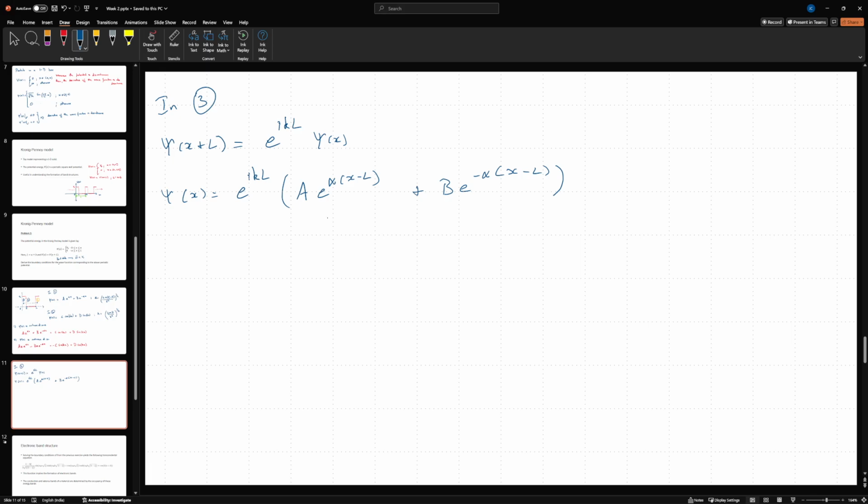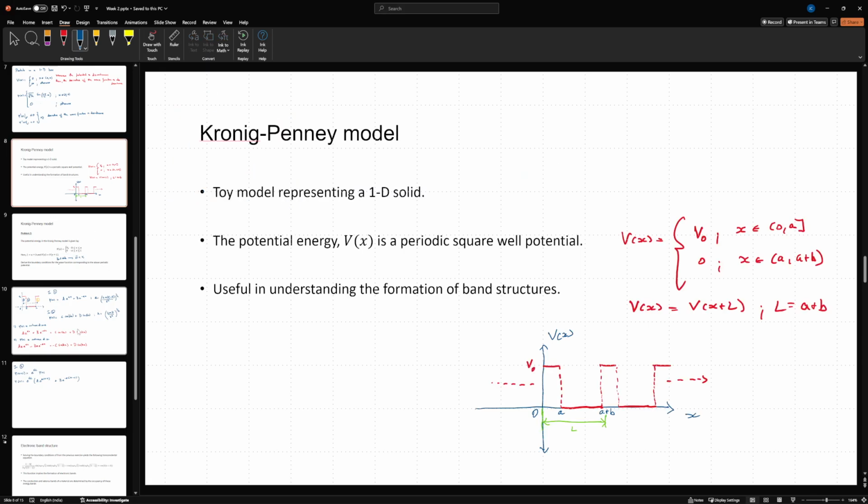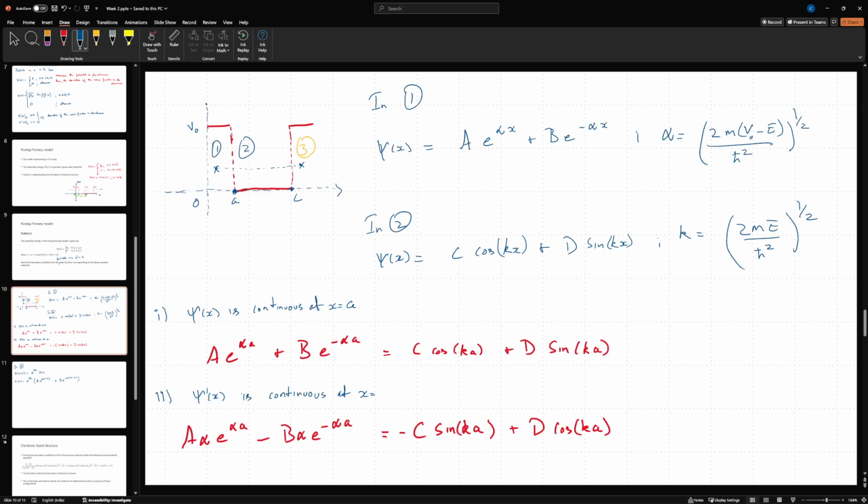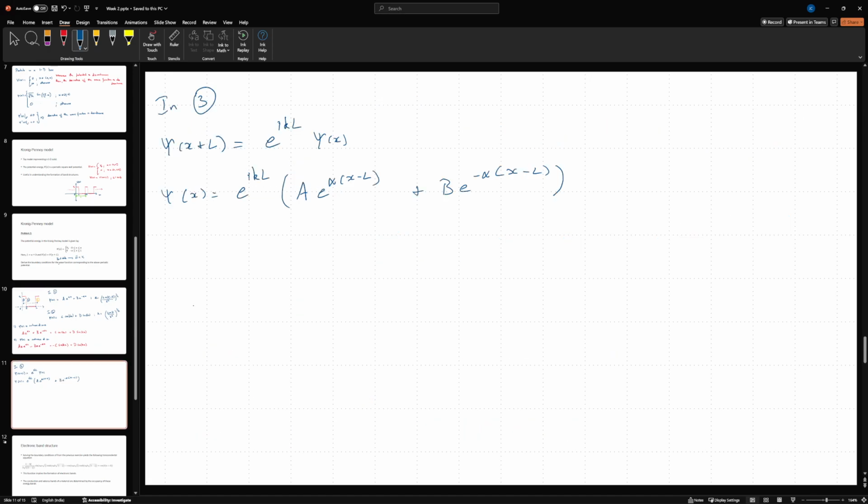And we are looking at continuity at x equal to L. So that is the point at which we are verifying the continuity of these equations. Okay, so, yes, I should have written this in red.